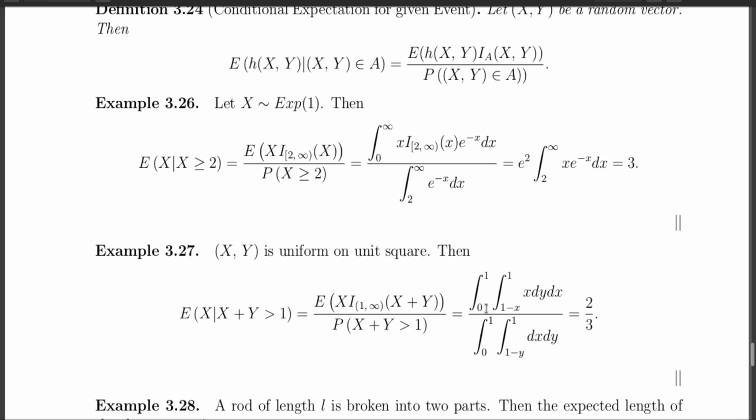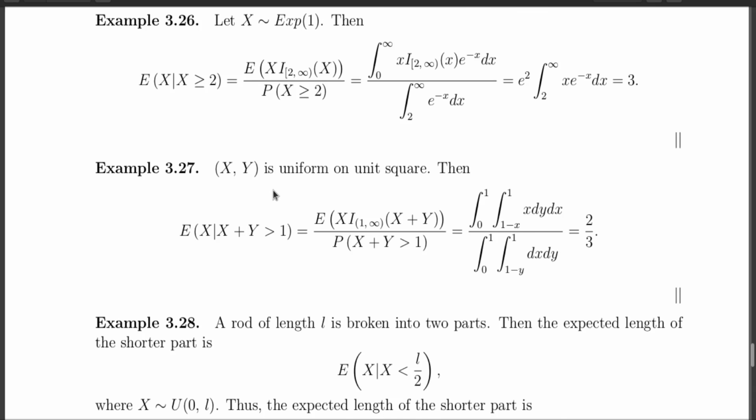That's why the range of the integration becomes this, and the denominator is again the integration of the density function over the range X plus Y greater than 1. So from that we can write these two parts, and finally I have the expectation is 2 by 3. Clear? So this way I can find out those things.